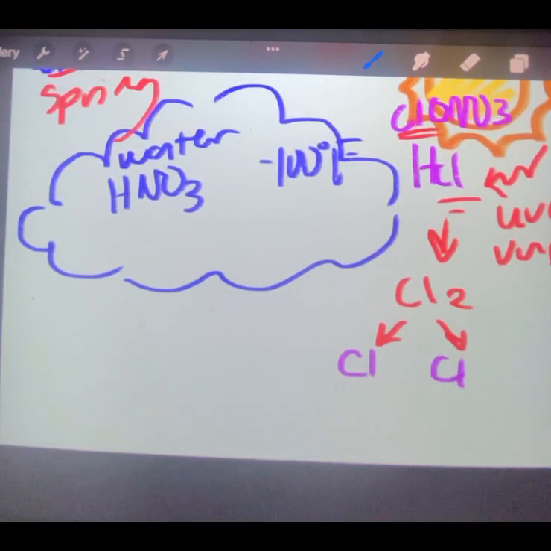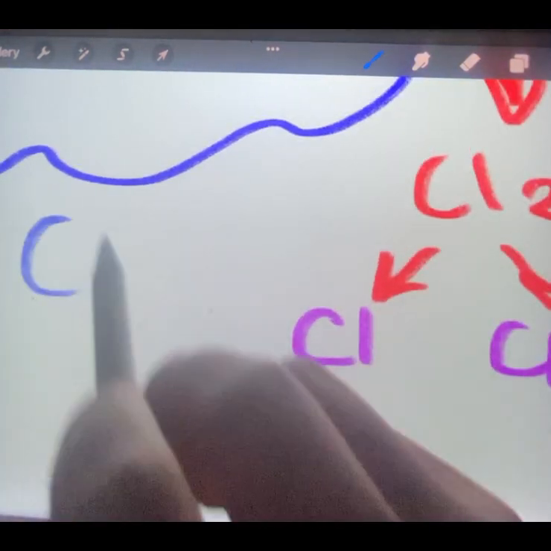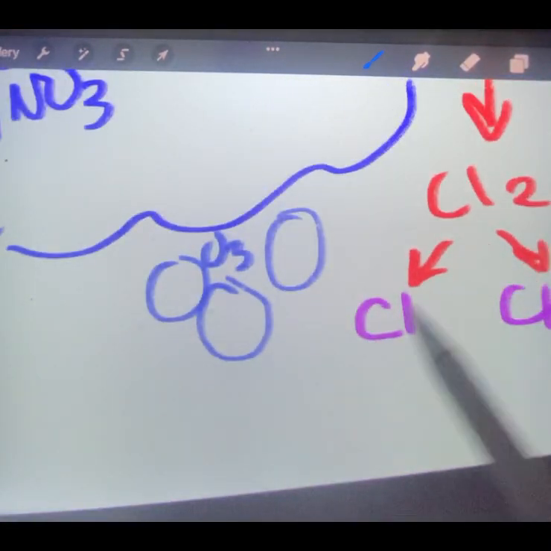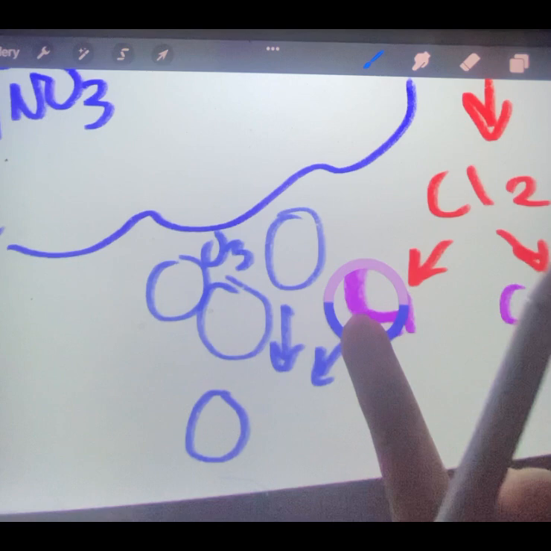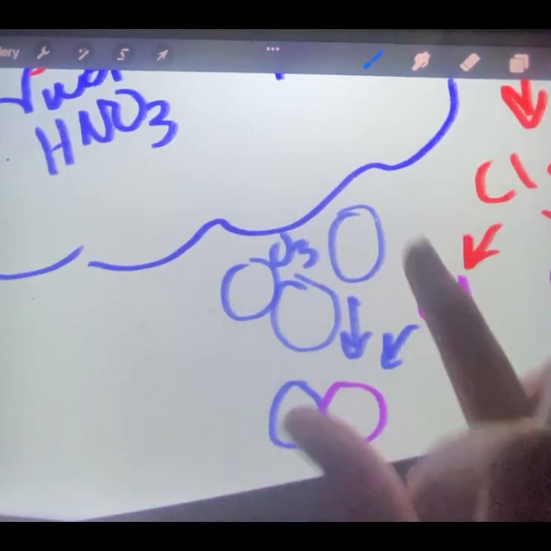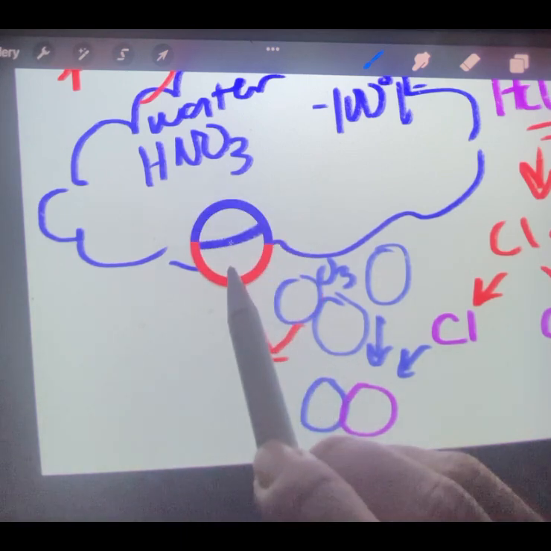Then we repeat the process that was in the anthropogenic ozone depletion, where these Cls begin to attach to ozone molecules, take an oxygen atom from the ozone, and turn this into O2.